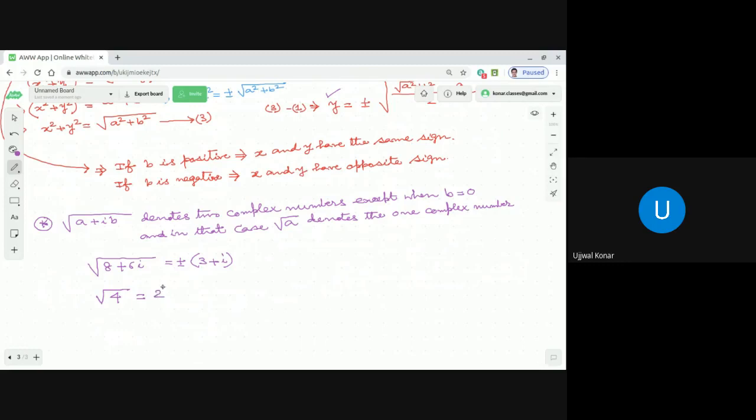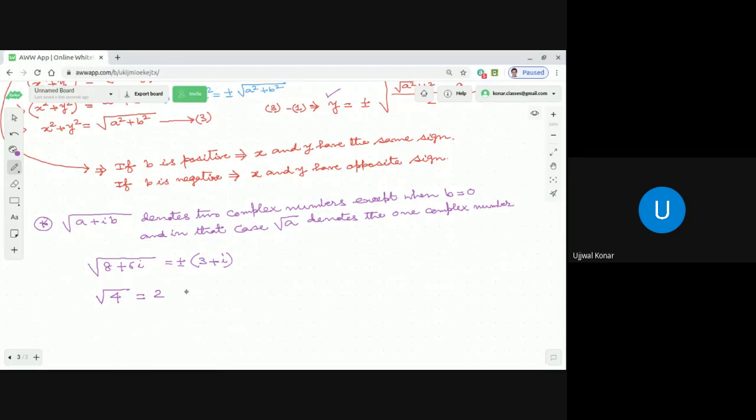Correct or not? That means when b is equal to 0, the square root of a plus ib, where b is equal to 0. And we just learned that if b equals 0, then the square root of a plus ib, that is the square root of a, denotes only one complex number, that is 2 in this case of the square root of 4.